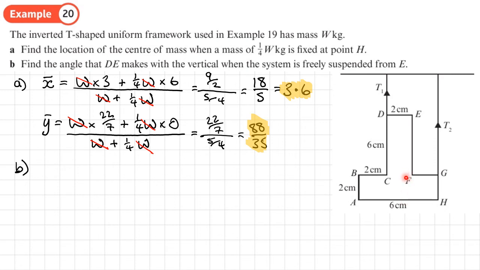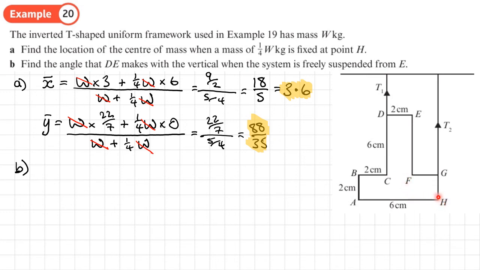It was 22/7, so it's moved across to the right slightly, and it's moved down slightly, because 22/7 is a little bit more than 3.